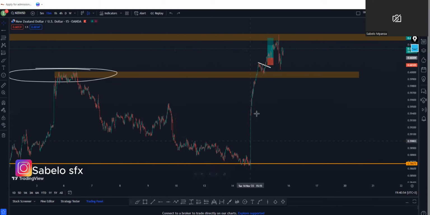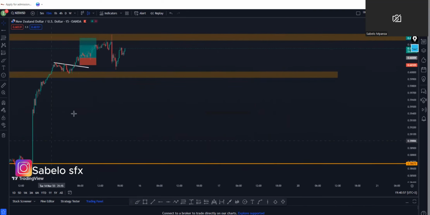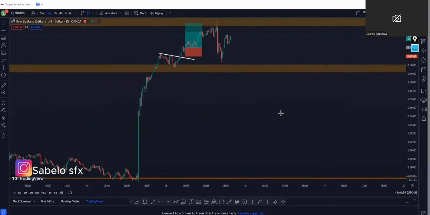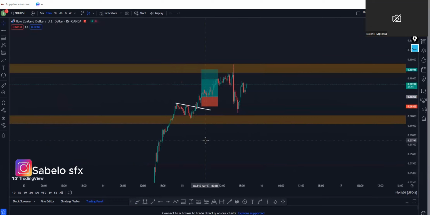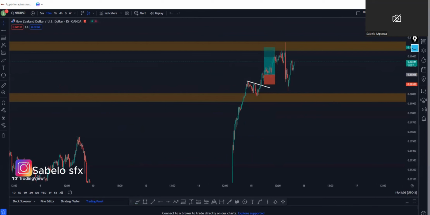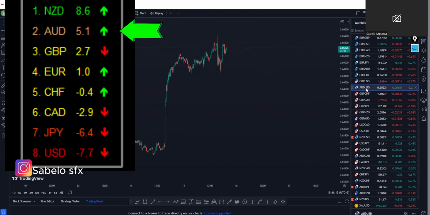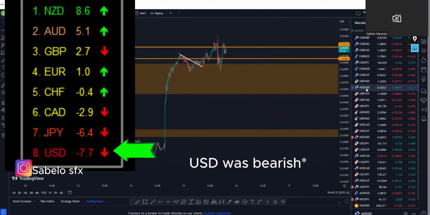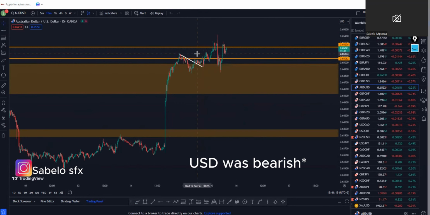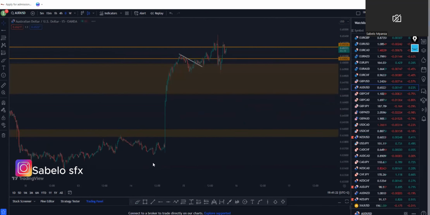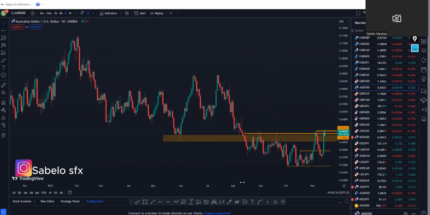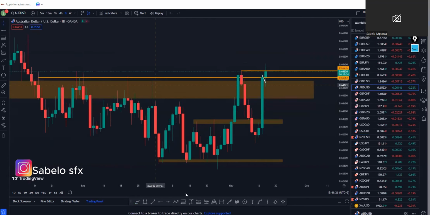But you don't just use these numbers alone. You come here, you analyze, you look for breakouts, because I'm going to show you one thing here. Let's look at AUD versus USD. Remember that AUD was bullish today and USD was also bullish, but I didn't take this trade because of these reasons that I'm about to share with you right now.